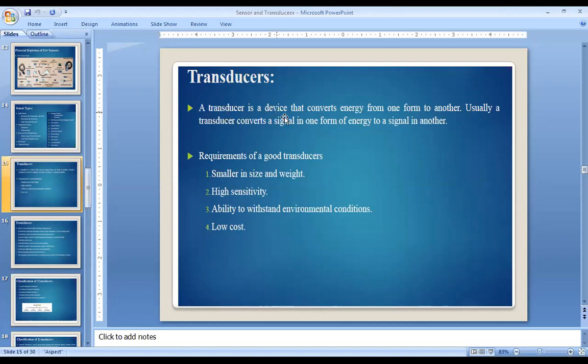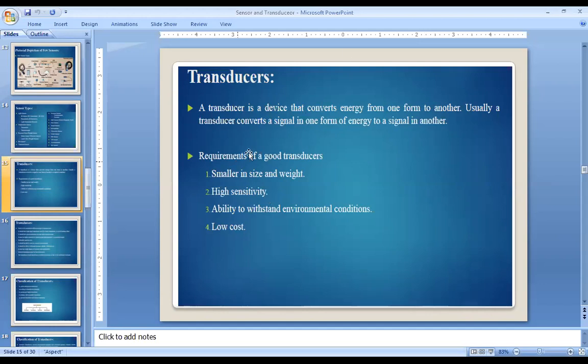The definition of transducer: a transducer is a device that converts energy from one form to another. So the basic definition is that both are used to sense a change in the parameter, but the transducer converts a change in the parameter into an equivalent electrical signal.